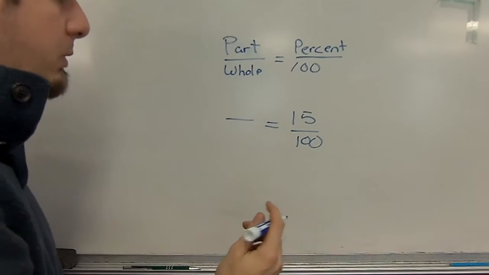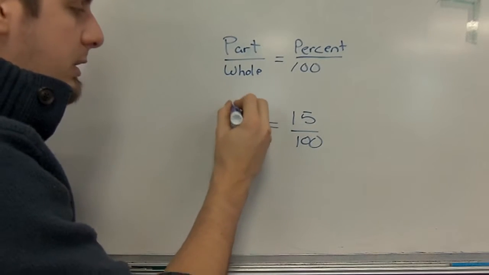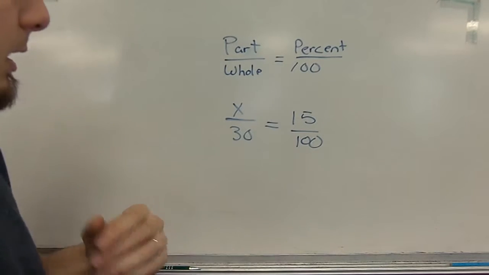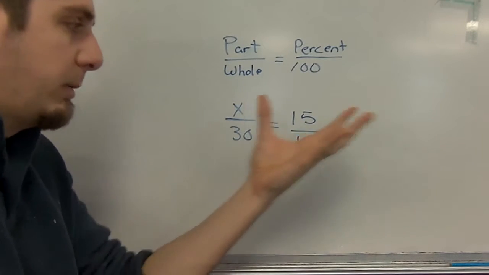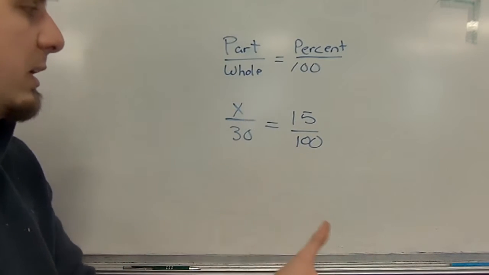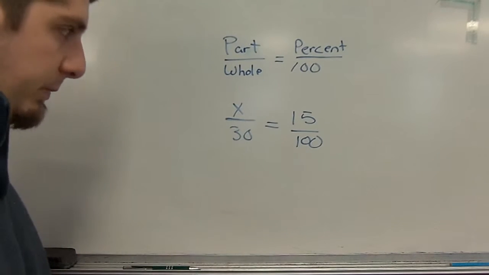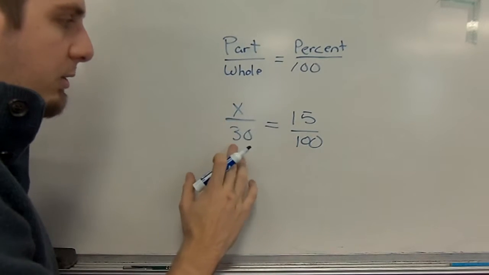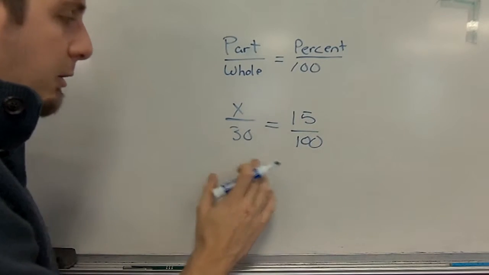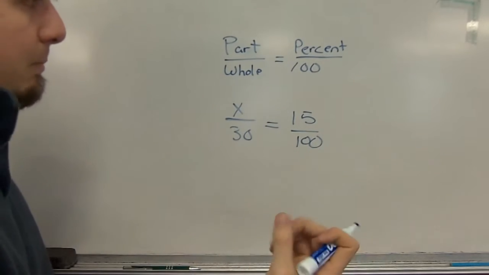If you want to know what 15% of 30 is, then the 30 would be down here, and what we're missing is up here, because up here would represent the 15% of 30. 30 is the whole, 15% would be less than the whole. We're missing the part. Over here, 100 represents the whole, 15 is the part. Over here, 30 is the whole, and X would represent that 15% or that part.